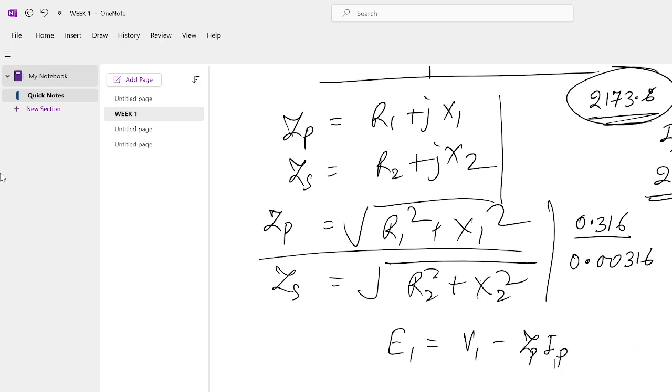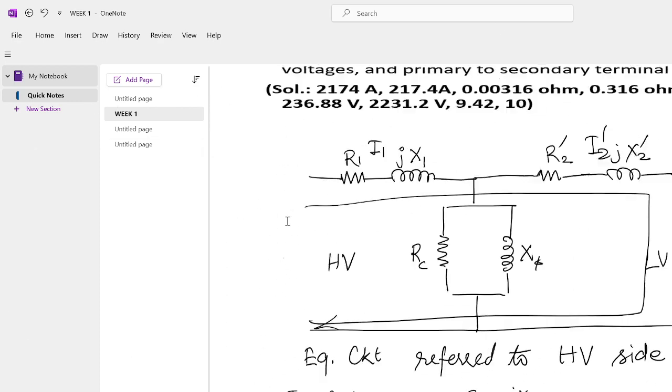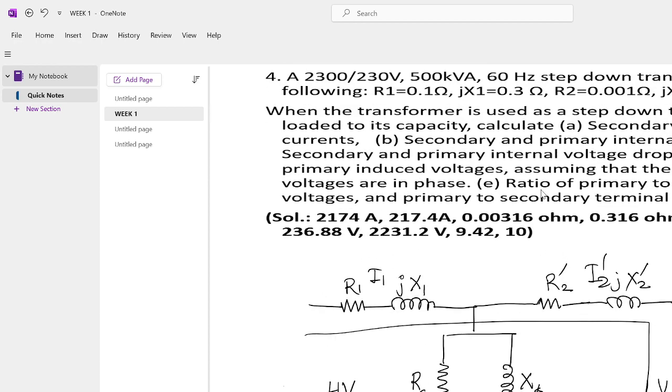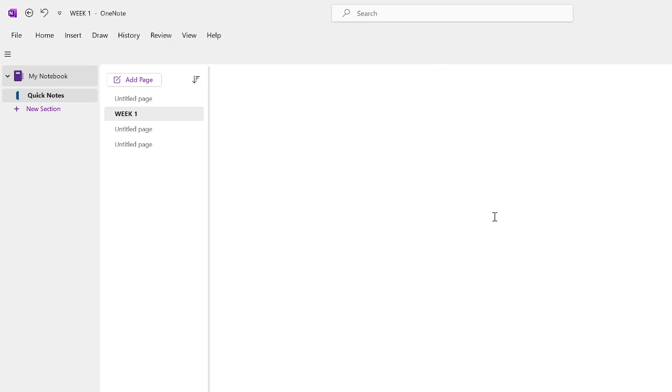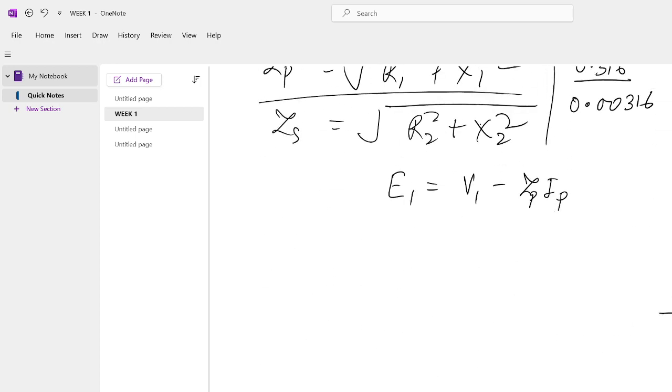Yes, it is given that, assuming that terminal and induced voltages are in phase. So you can simply draw it like this. Let's say this is flux, then you have induced voltage EMF, and supplied voltage V1.